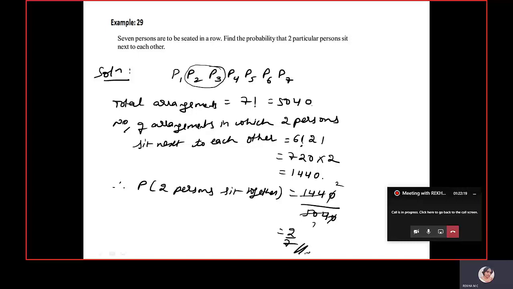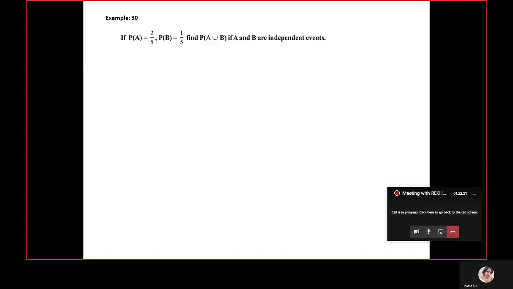So next sum. If P of A is equal to 2 by 5, P of B is equal to 1 by 5, find P of A union B if A and B are independent events.